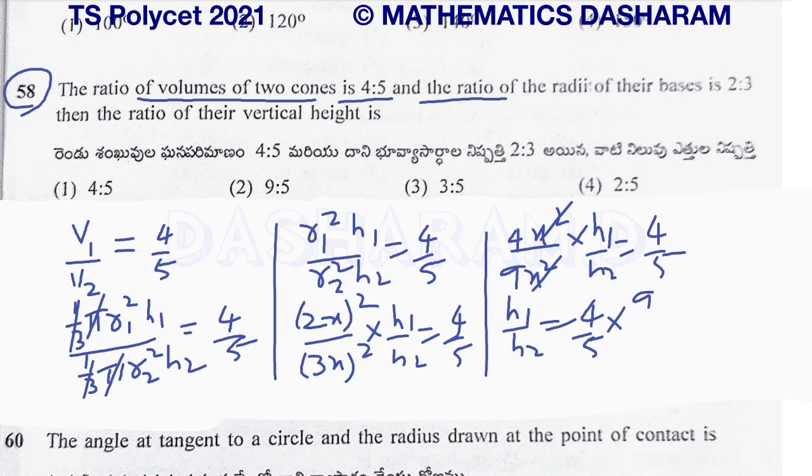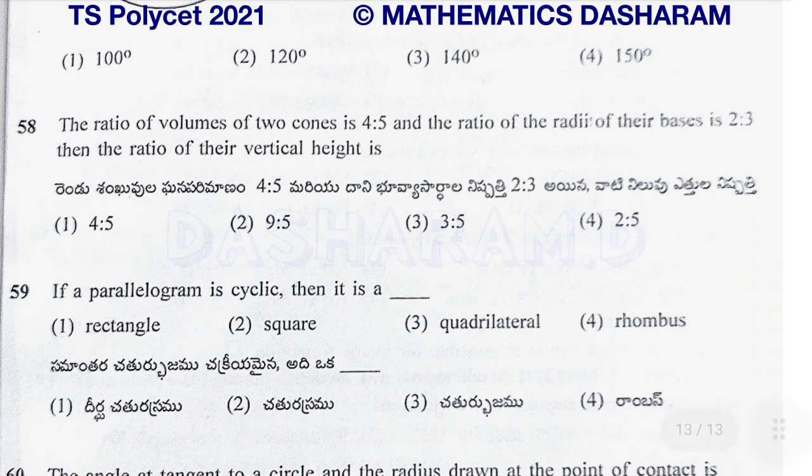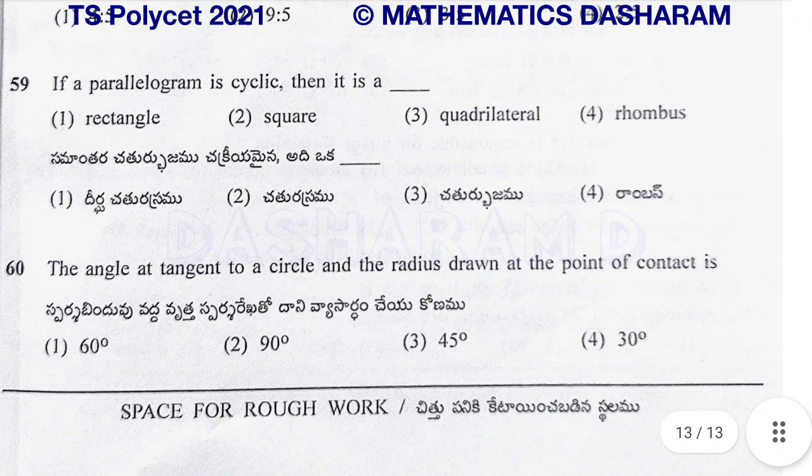This 4/9 will go to the right side by taking the reciprocal 9/4. 4 cancels, 9/5. So the vertical height ratio h1 to h2 is 9:5. So option 2 is correct. Next, the 59th question.